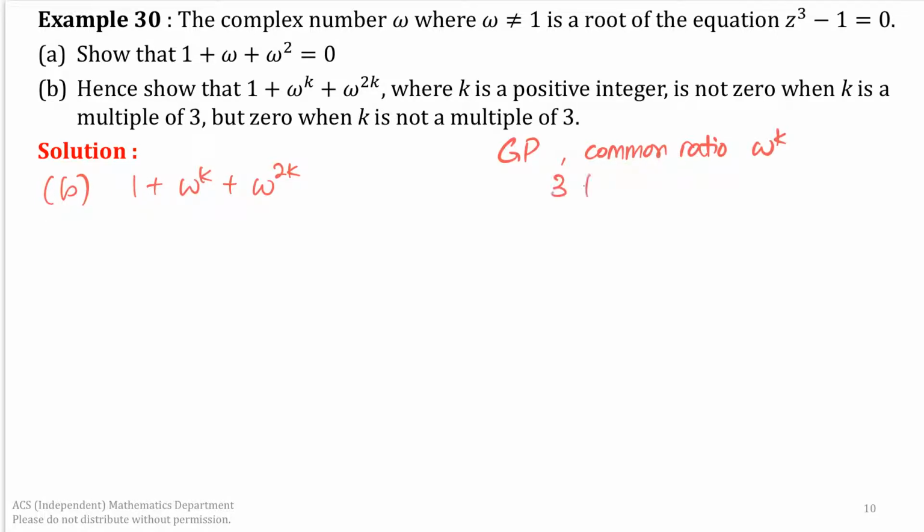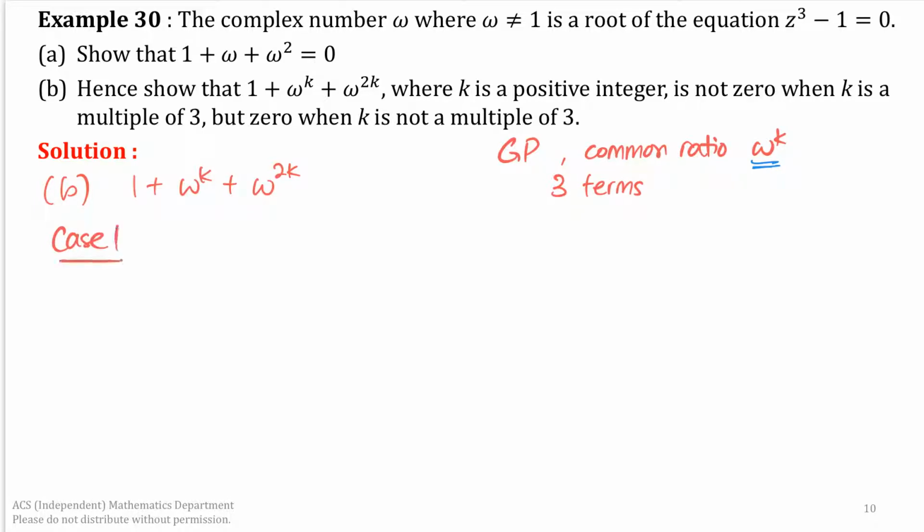The only thing is whether or not k is a multiple of 3 will affect the value of omega to the power of k, so we need to consider it carefully. Since we have that hint, let's consider it separately.